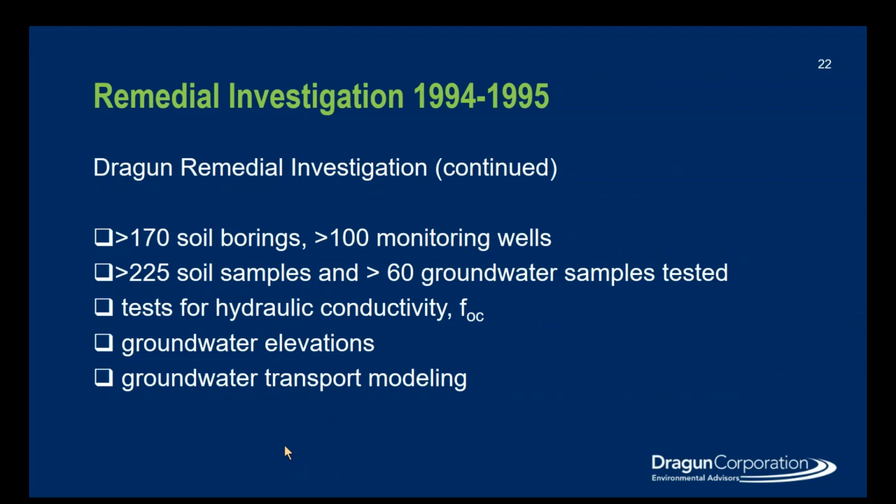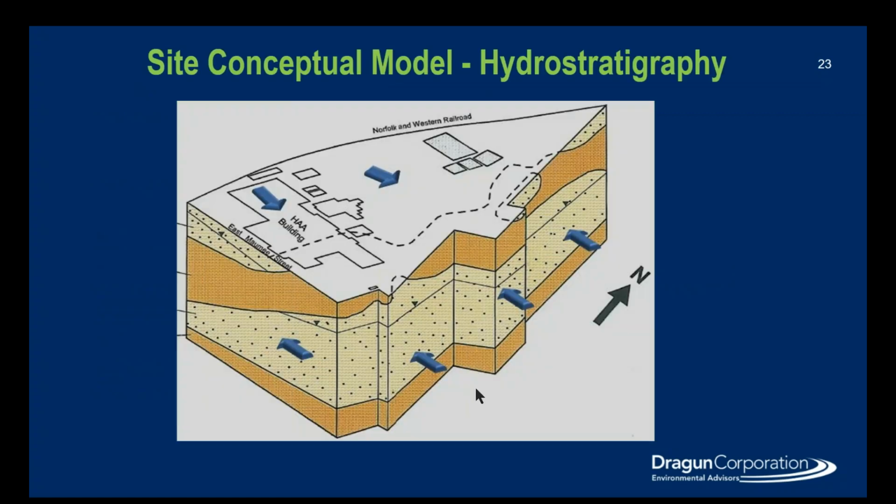So in all, we did a lot of work, 170 soil borings, more than 100 monitoring wells, lots of samples tested for soil and groundwater. We tested for hydraulic conductivity or permeability and fraction organic carbon, which allows us to evaluate TCE transport rates. We measured groundwater elevations, and we did some groundwater transport modeling.